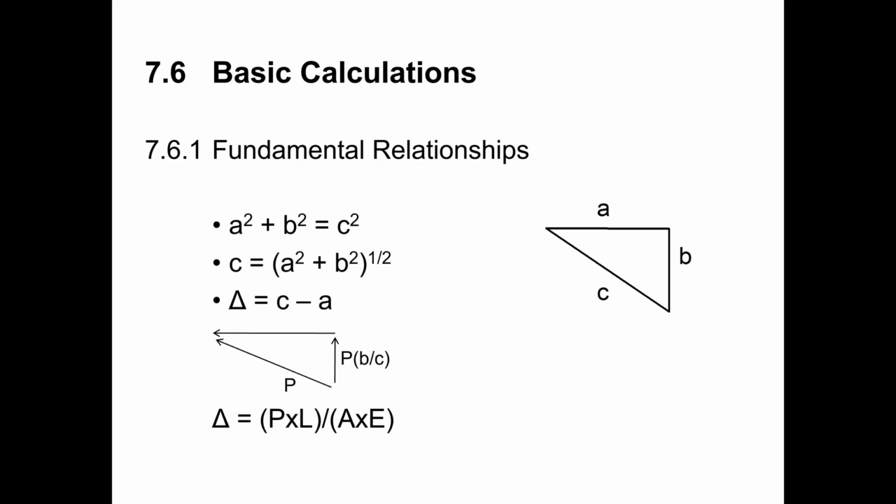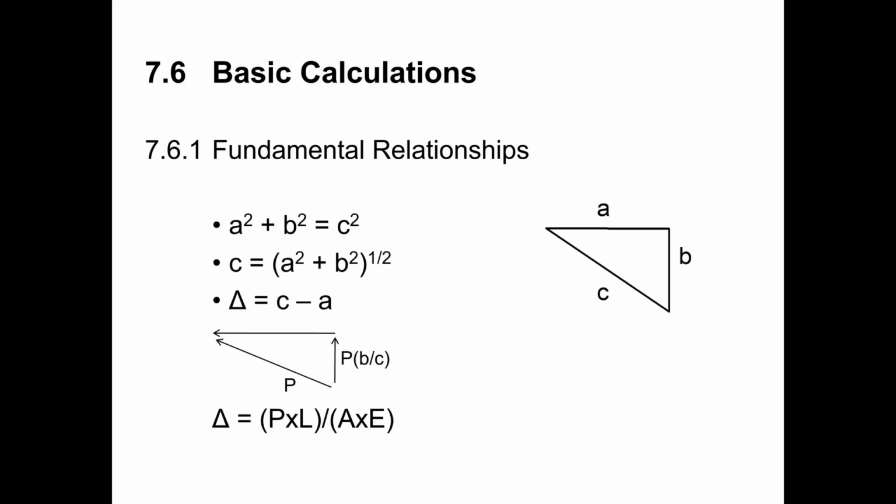Now typically the area and the modulus of elasticity are going to be givens. We're also going to be given how much force is required to be in the strand, and we should be given a diagram that shows us what the length of the strand is from chuck to chuck. So P, L, A, and E should all be given to us, and so we can calculate our basic elongation as P times L over A times E.